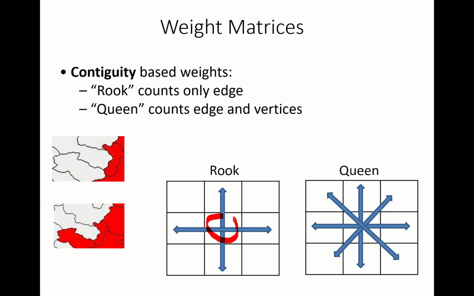If this is our grid cell in question, the rook is going to look at the values in this cell, this cell, this cell, and this cell, and compare them to see how similar or dissimilar they are to the cell in question. With the queen's contiguity weight, it's similar, but now it's also going to look at the values in these corner cells. So the queen's contiguity weight matrix is going to look at more values around the cell of interest compared to the rook version.